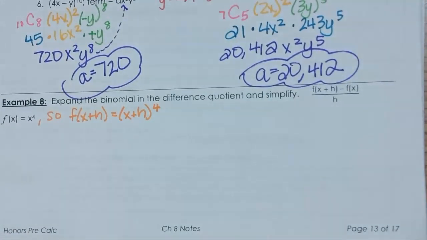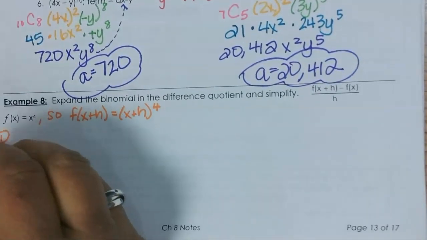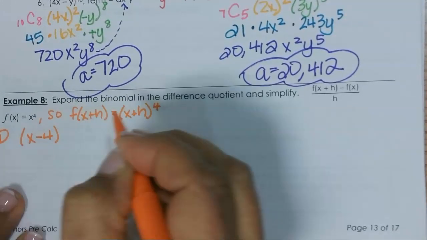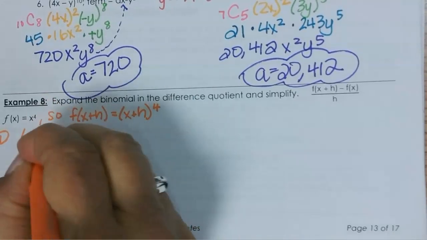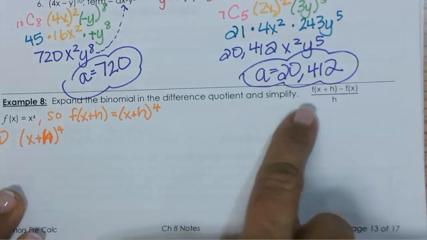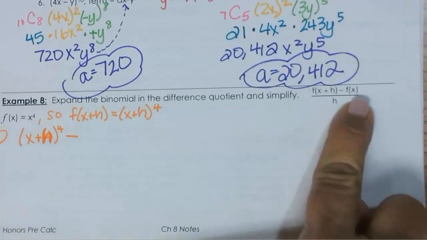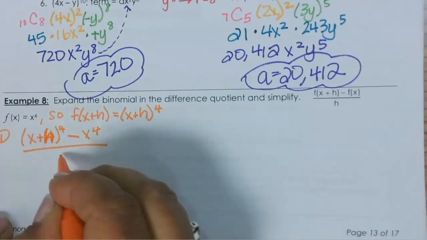Okay. So what it wants for our difference quotient then is x plus h to the fourth, because that would be our f of x plus h, minus f of x, which is x to the fourth, over h.